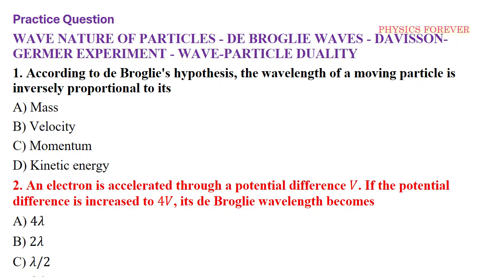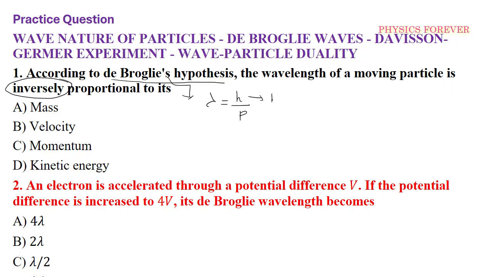Question number 1. According to the de Broglie hypothesis, the wavelength of a moving particle is inversely proportional to what? That is the important point. In earlier classes we saw the directly proportional question, so in the practice question we have to give inversely proportional. The de Broglie wavelength is lambda equal to h by p.